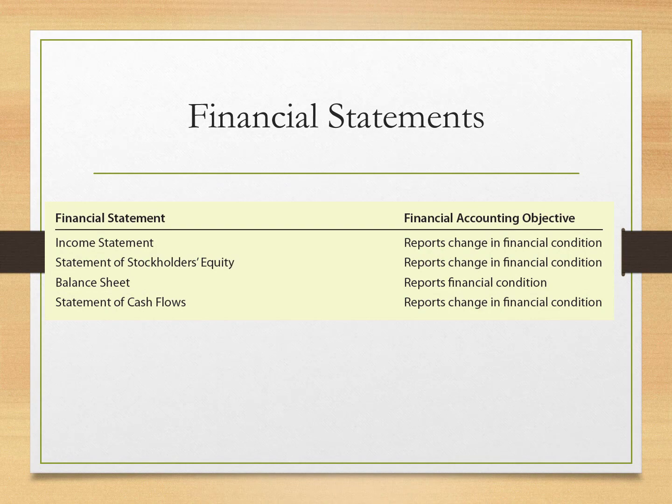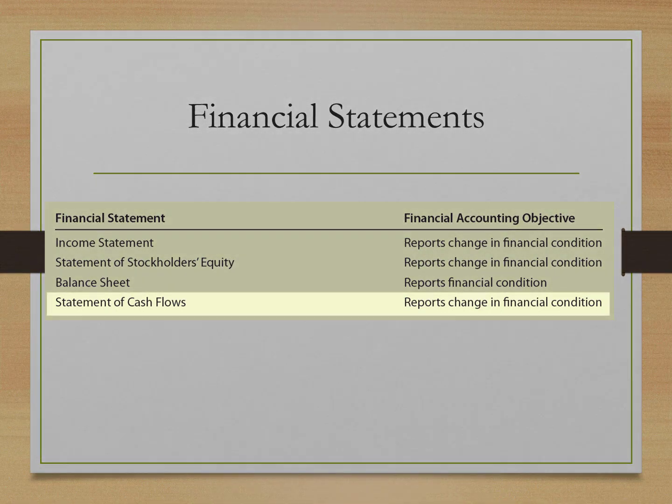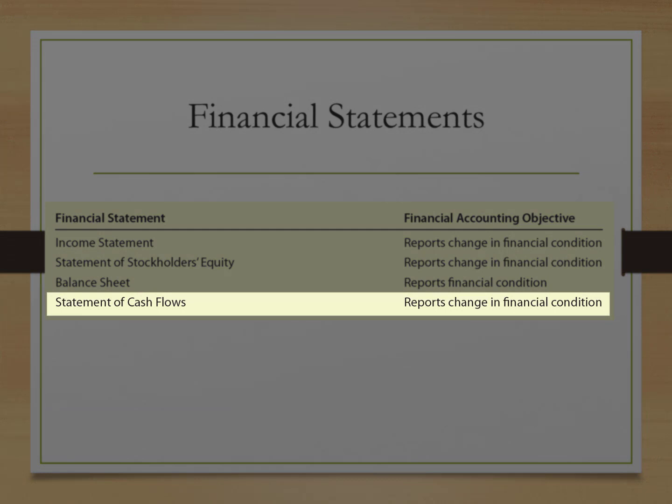The final financial statement that we discuss is the statement of cash flow. The statement of cash flow identifies cash inflows and outflows to the organization during the period and reports change in cash as compared to the beginning of the period to the end of the period. The statement of cash flow is divided into three areas.